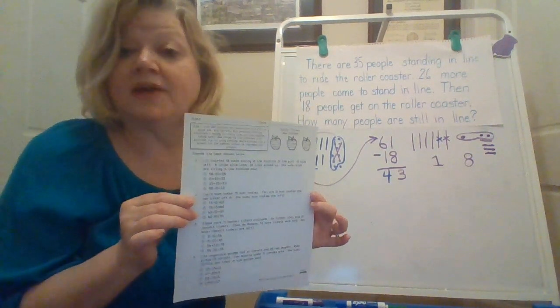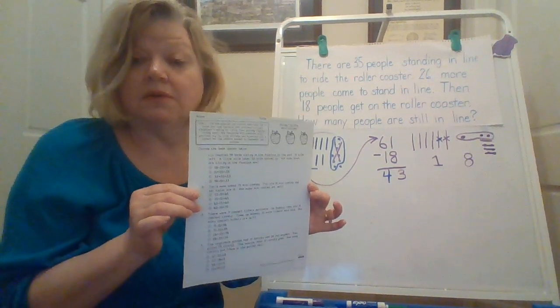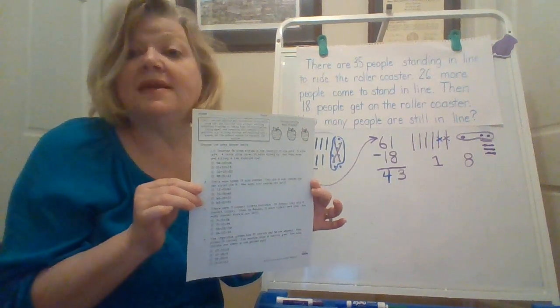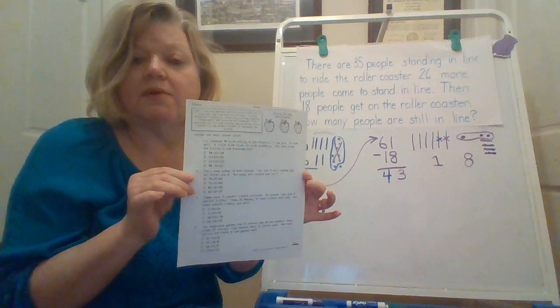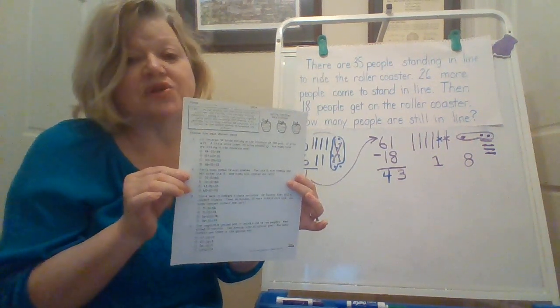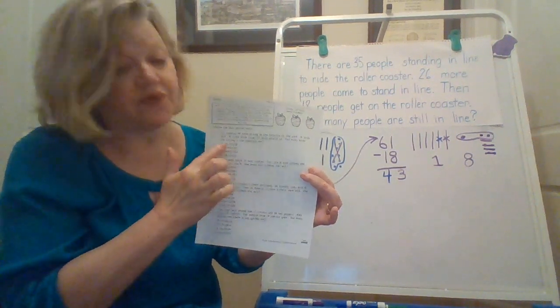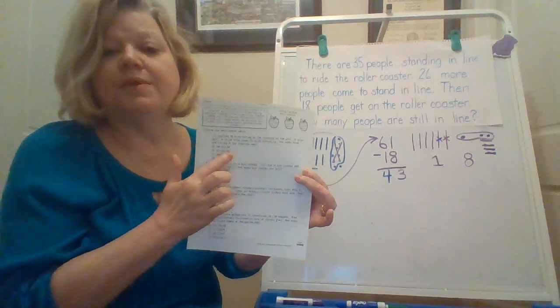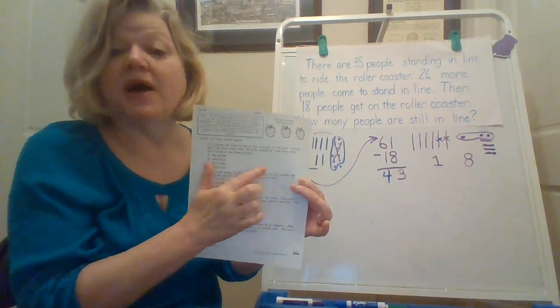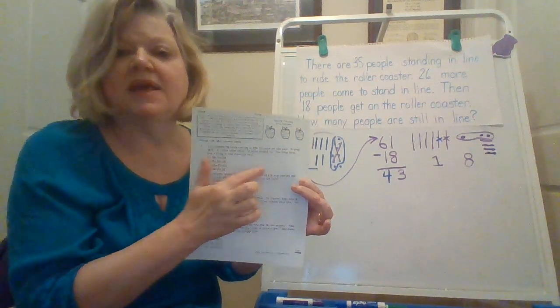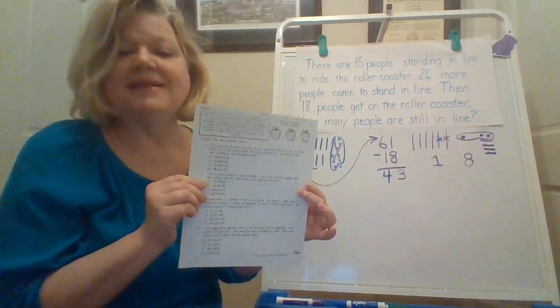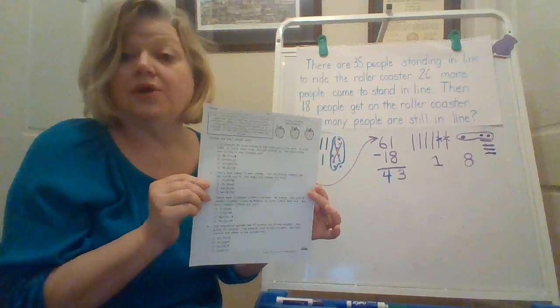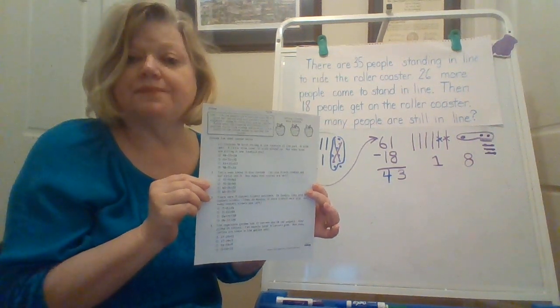If you don't feel like you have enough room on here, by all means, use a scratch sheet of paper and put it with your paper. If you get an answer and you find your answer over here, you can mark it. But Mrs. Hodge, Miss Reinhardt, and Miss Potter are going to be looking at your steps. They're going to be looking at what strategies you use and seeing how you solve the problem.